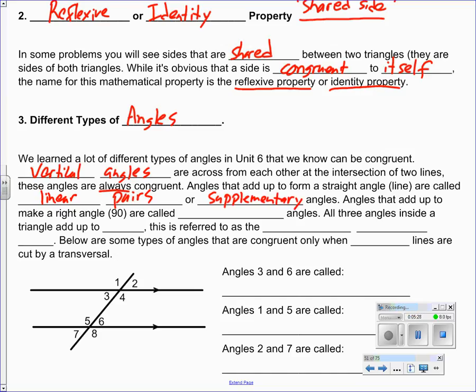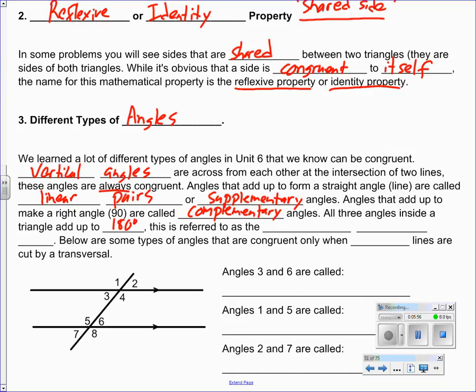So if you use that property of adding up to 180 degrees to find the measure of an angle, that would be the reason you list: linear pairs. And we also know that angles that add up to make a right angle, 90 degrees, are called complementary angles. And we know that all three angles inside a triangle add up to 180 degrees.